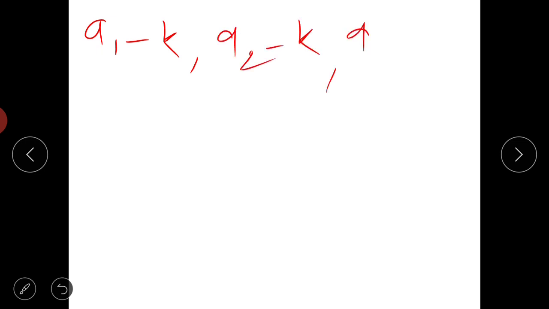If we subtract any constant k from each term of an AP, then we can write a1 minus k, a2 minus k, a3 minus k up to an minus k.